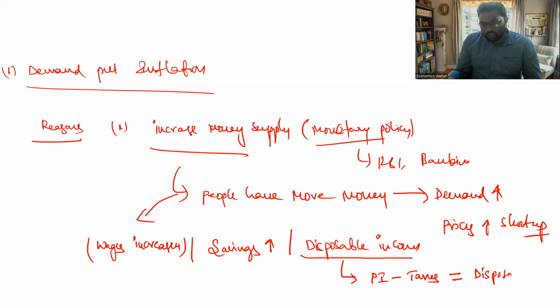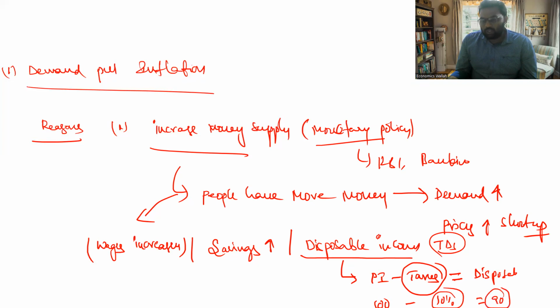Let's suppose you are working in an MNC company, with TDS, tax deduction at source. Let's say you have a 10% tax bracket. Let's say your income is 100 rupees and tax is 10%. 10% of 100 is 10 rupees. So you will get 90 as disposable income.